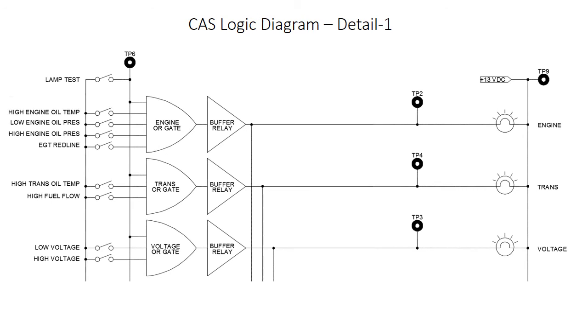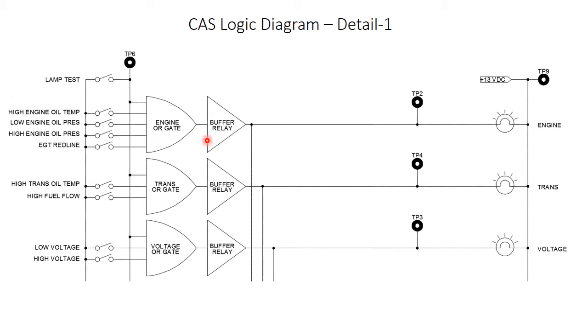Here we are looking at the top of that schematic from the previous slide. Again, we've got 15 inputs, which I'm trying to declutter. So in these 3 channels, I've got a total of 8 inputs over here, which are driving 3 outputs: engine, transmission, and voltage.